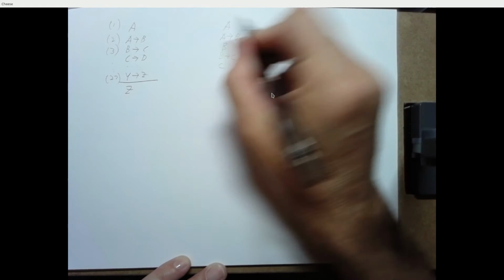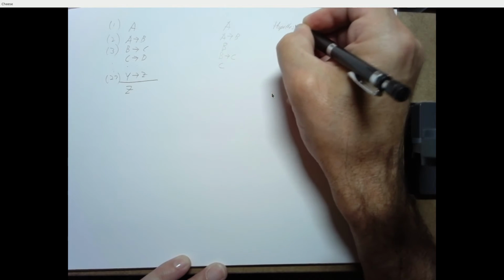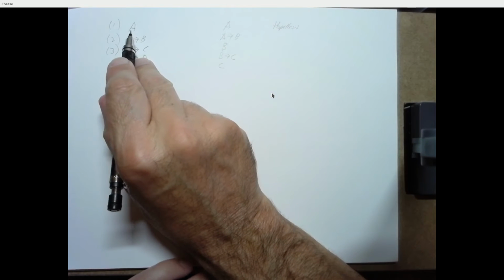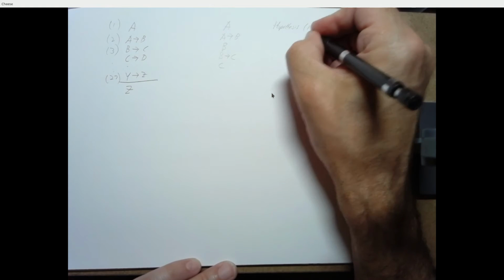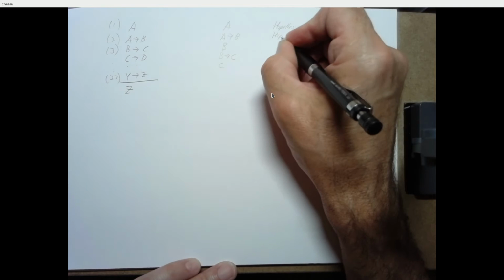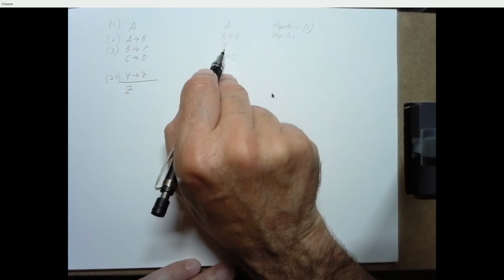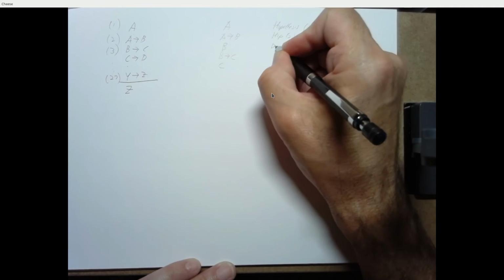Why do we know A? That's a hypothesis. Right, when we write A, we're saying A is true. So this is hypothesis 1. And we know A implies B, that's hypothesis 2. And now we claim that B is true. Why is that? That's detachment.